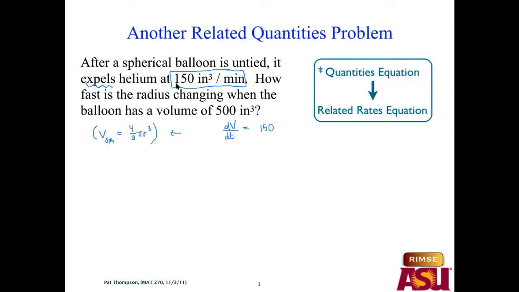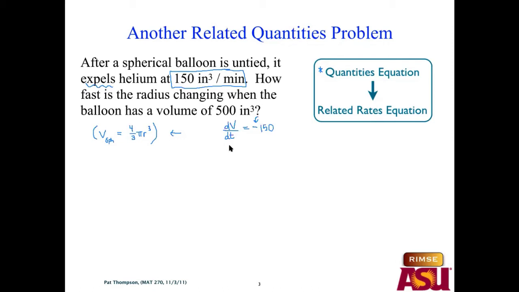Rates of change, remember, can be positive or negative. This is getting rid of helium. The volume is shrinking by 150 cubic inches per minute. It's really easy to forget negative signs when you're dealing with decreasing quantities, because when we're thinking about increasing, we don't have to think about the positive, nor do you have to write it down.